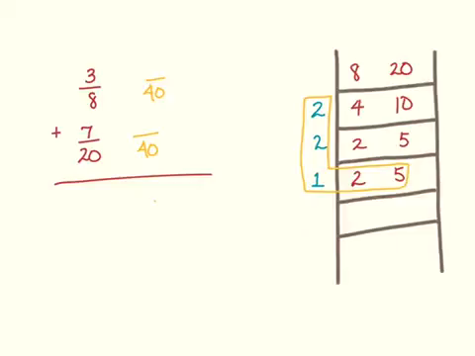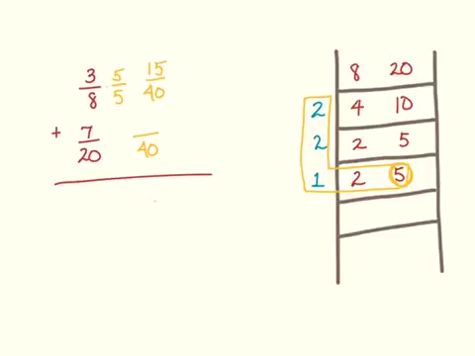And now going back to the ladder, notice that the factor that remains under the 20 of 5 tells us that that's the missing factor to multiply by 8 to get 40. And so using the special form of 1, 5/5, because we know that multiplying 3/8 by 5/5 is not going to change its value, it's just going to look different, we get 15/40 for that addend.